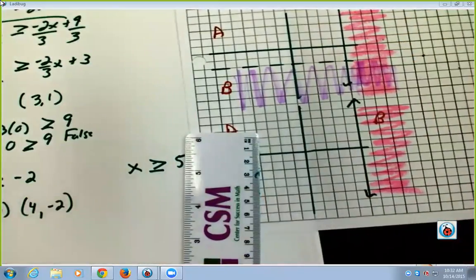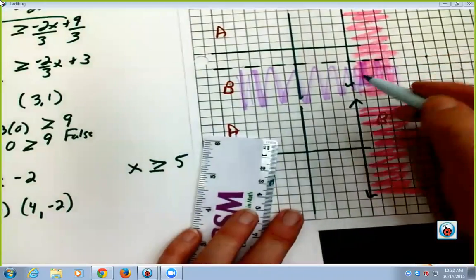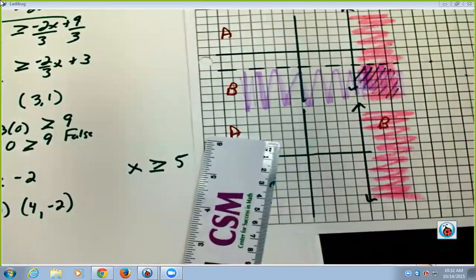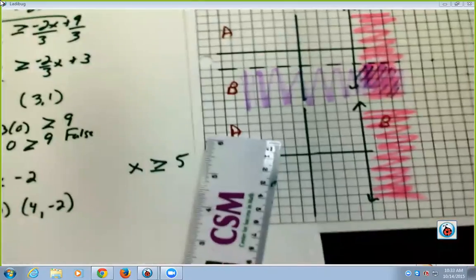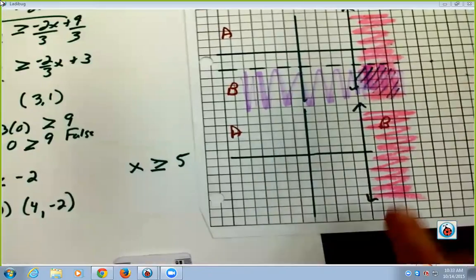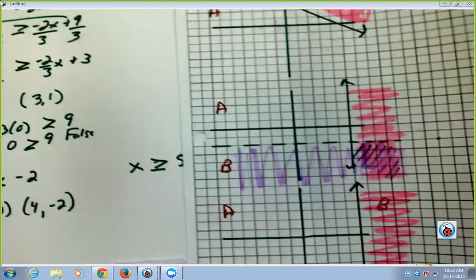So my answer is where I have pink and purple together. So in intermediate algebra, we found that it was that side that was shaded. Okay, so we had double shadings in there. So this is used. It's not like we're going to do it in here and never ever see it again. So you're going to see it in my intermediate algebra class next semester. So that's where that happens to be. Okay, so that's the piece that fits in there. All right, questions with this part?